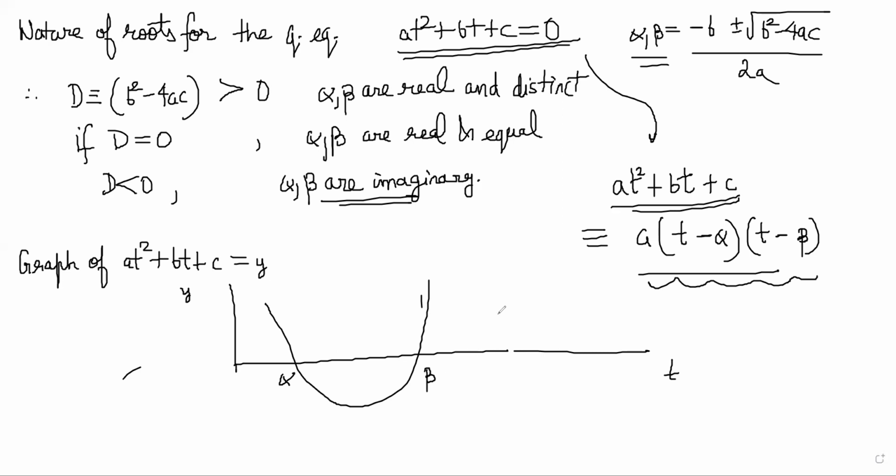So the graph is a parabola. This is the equation of a parabola, because as we completed the square, you notice that y was becoming a(t + b/2a)² plus a constant term.